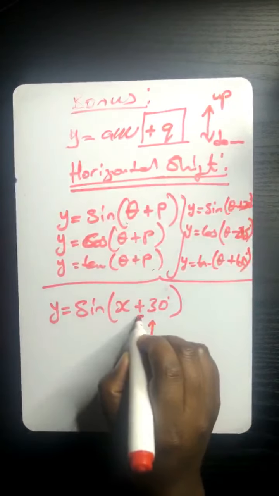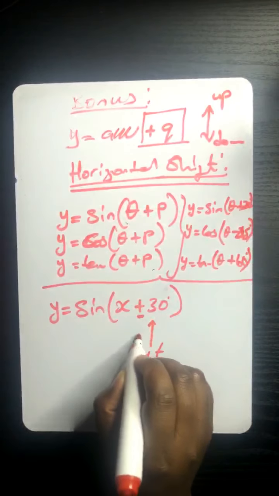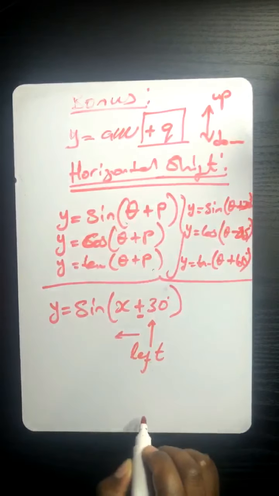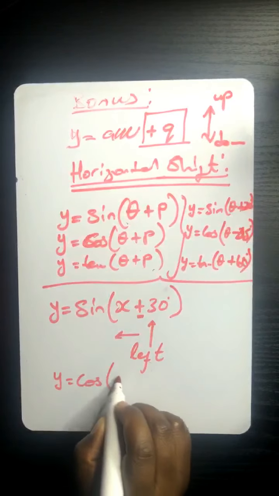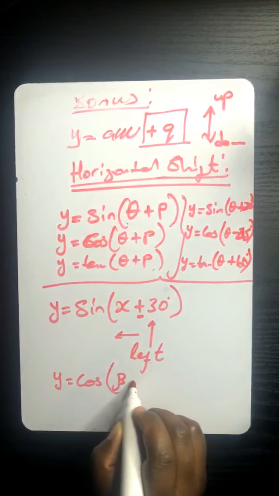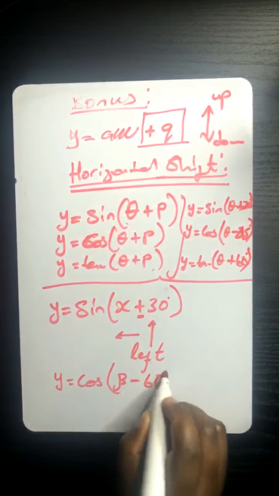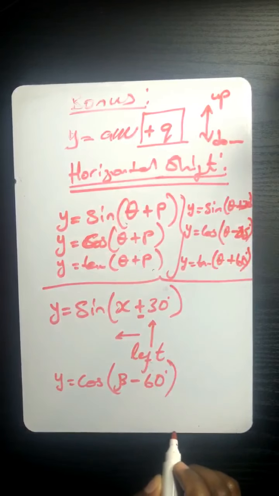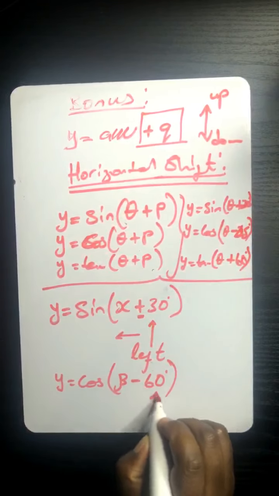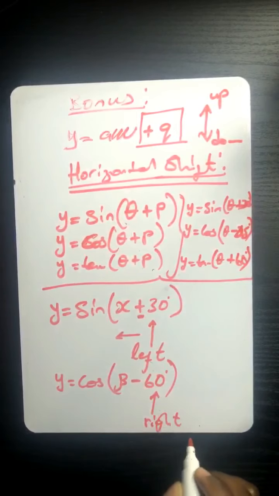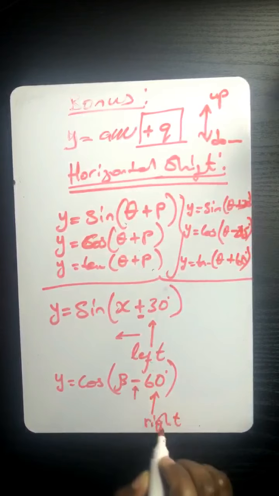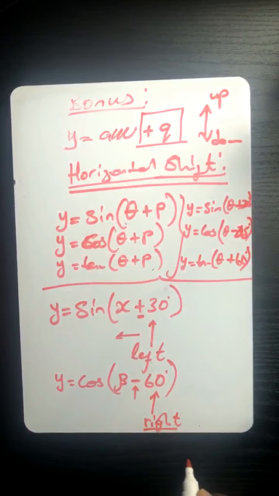If it's a plus there, it means it has shifted to the left. But if, for example, you have cos of beta with negative 60 degrees, then it has shifted by 60 units to the right. So when you have a negative there, it shifts to the right.